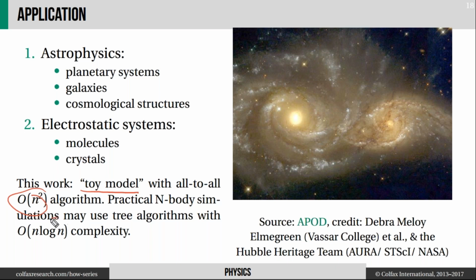There are more advanced algorithms that use approximations, and they reduce the complexity from n squared to n log n. If you're dealing, like in astrophysics, with billions up to hundreds of billions of particles, then n squared is a huge number, and n log n gives you tremendous savings in computational time. But this is an approximation. It could be a pretty good approximation. At the same time, at the core of this approximation is the toy algorithm that we are going to implement.